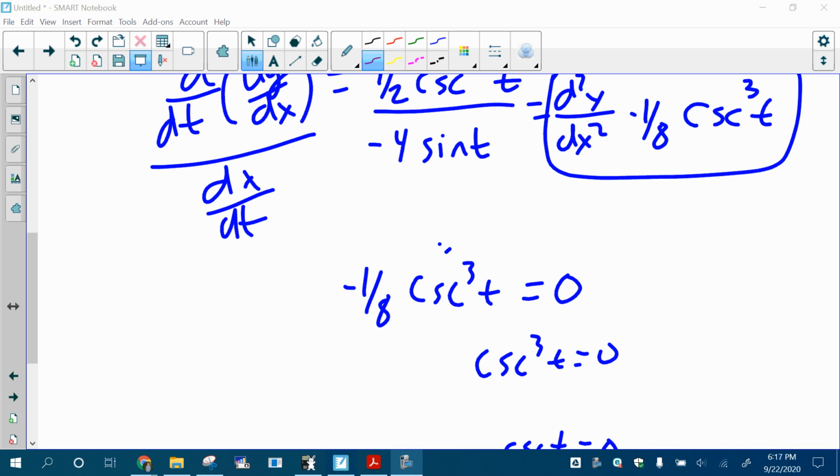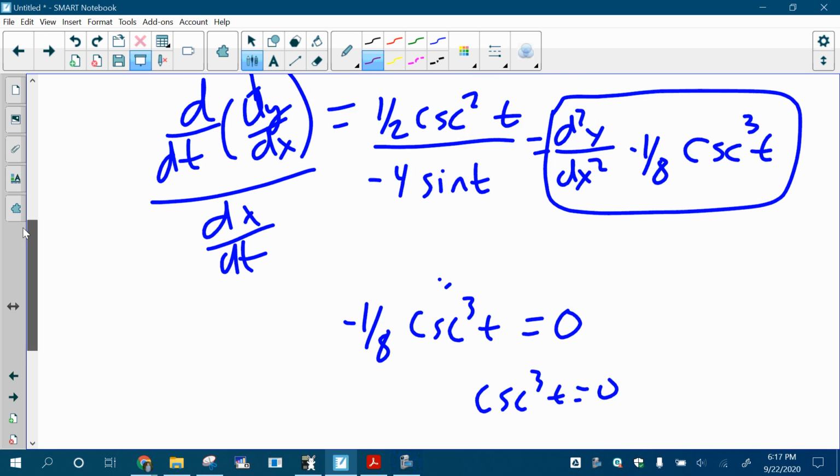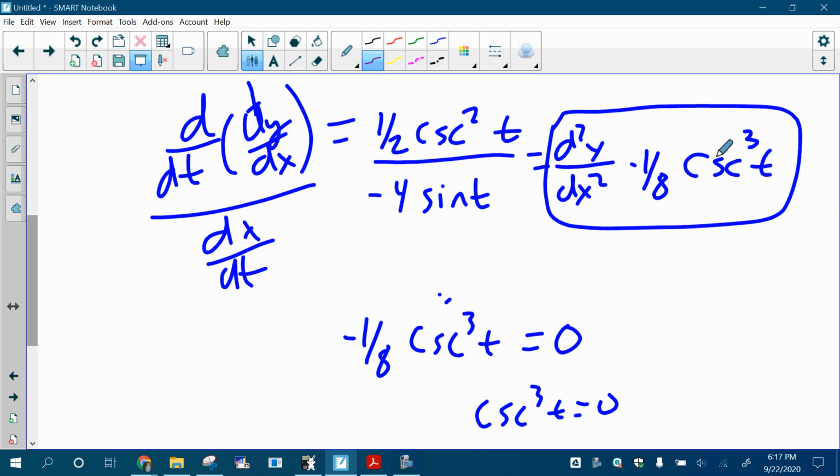Where the second derivative is undefined could also be a time when the concavity changes. When would negative 1/8 cosecant cubed of t be undefined? Well, when is cosecant undefined? It's when sine is 0. When is sine 0? At pi.